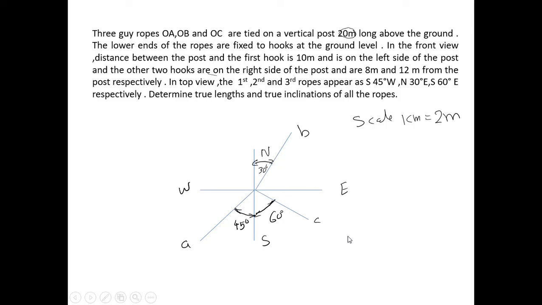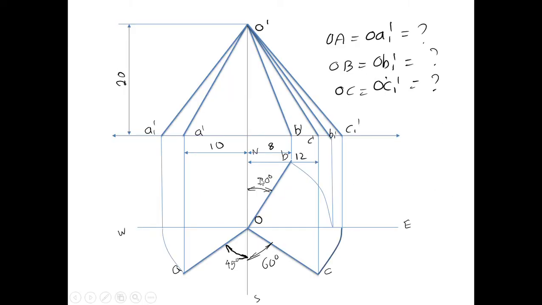Now about this question, first we are drawing the front view of the post, which is 20 meter in height. You take an appropriate scale: 20 meter means you can take 1 centimeter equal to 2 meters, so that you get 10 centimeter as the height of the post.